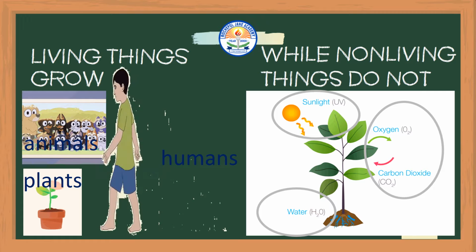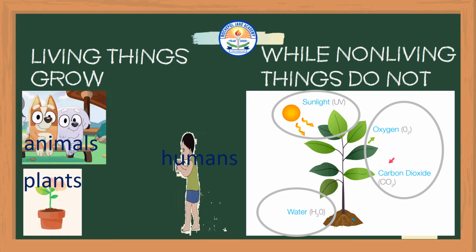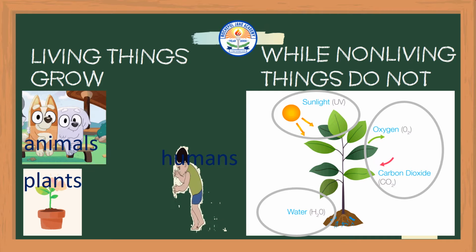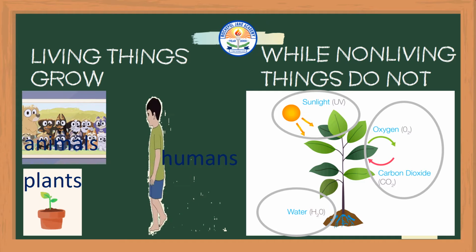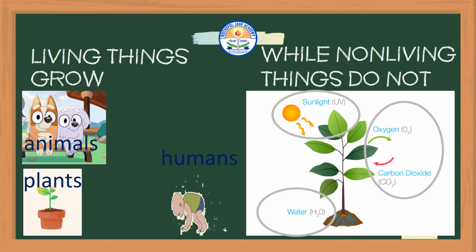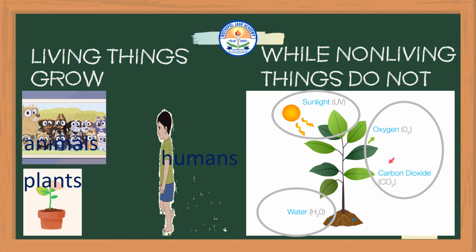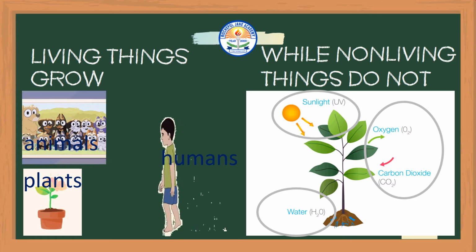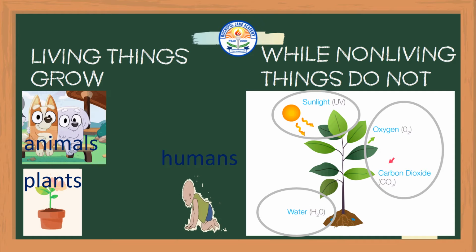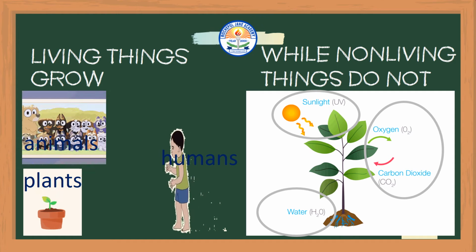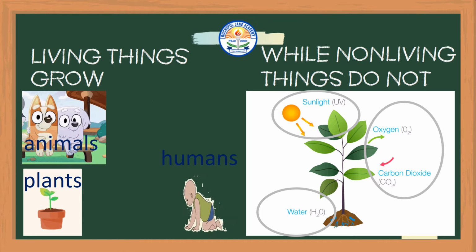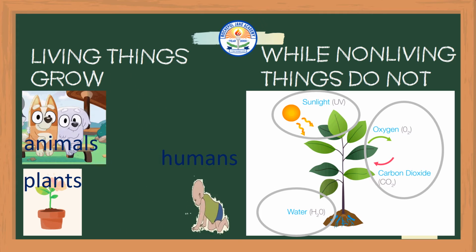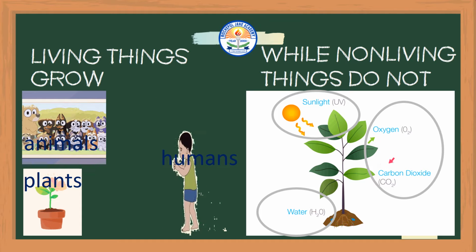Living things grow up. As with the animals, they grow up with their bodies, as well as the plants. The humans will transform from baby into an adult, while the non-living things do not.